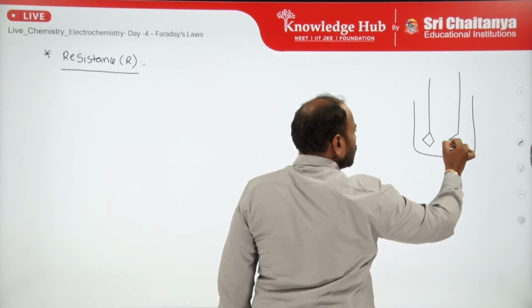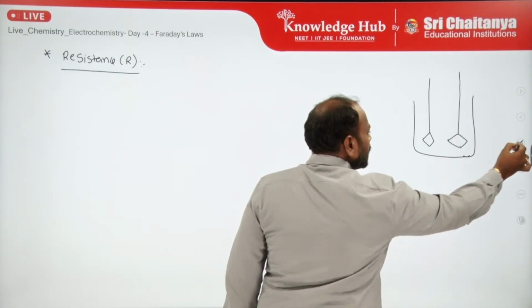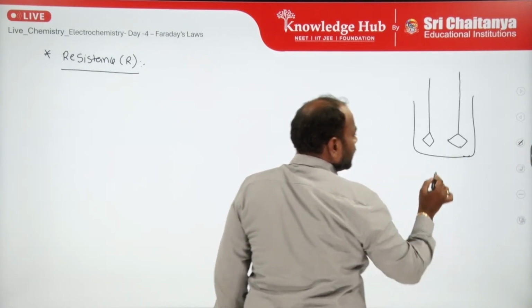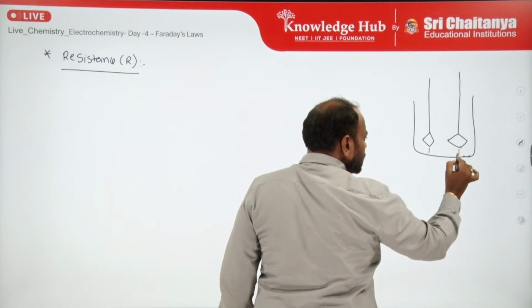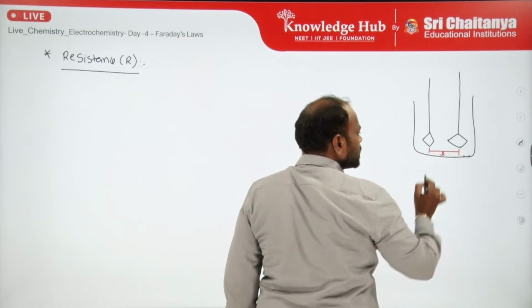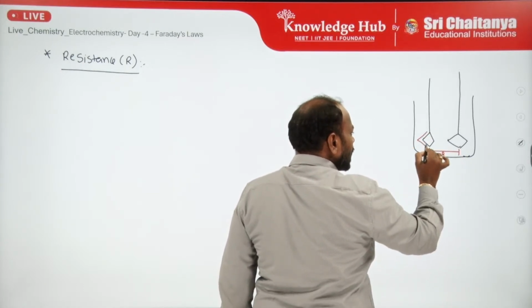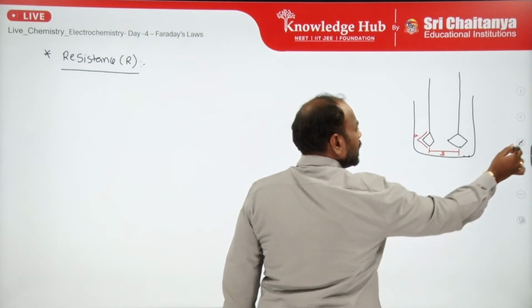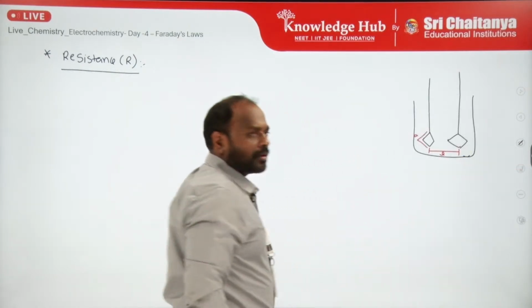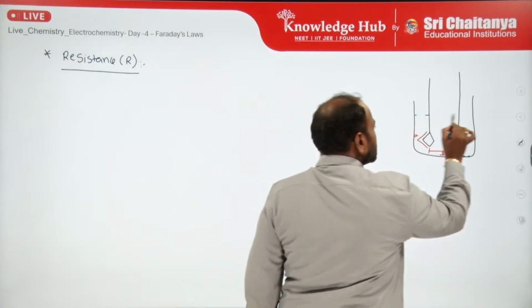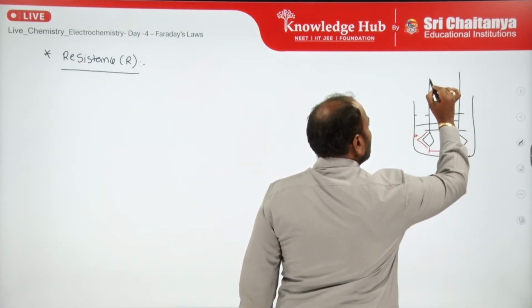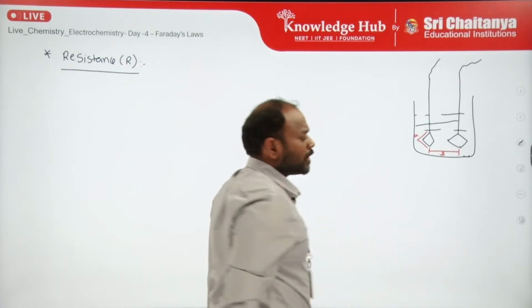These 2 electrodes are connected through the R, differed by the L distance, and the area of cross section is A. Here it is an electrolytic cell connected in an external circuit.